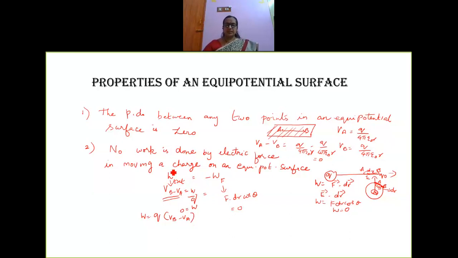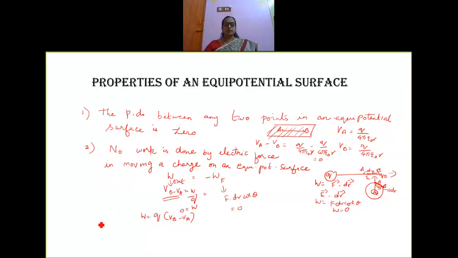Now, if VB is equal to VA, then the work done will be 0 here. So VA is equal to VB, you have the work done to be 0, which means no work is done by the electric force in moving a charge on an equipotential surface. Is it clear? Is it clear, children?